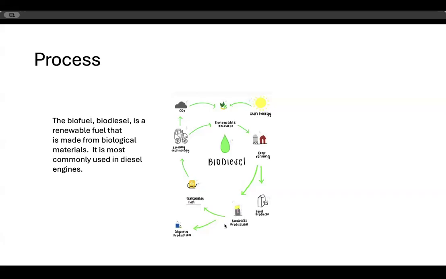And then whenever biodiesel is made, it actually makes glycerin, and that is used for cosmetics. And then it goes to the renewable fuel that is like diesel. And it is used for existing technology.